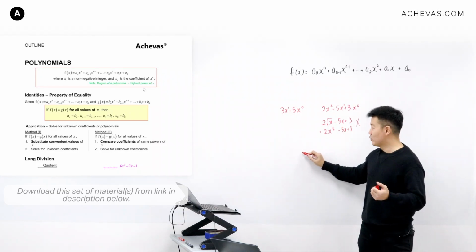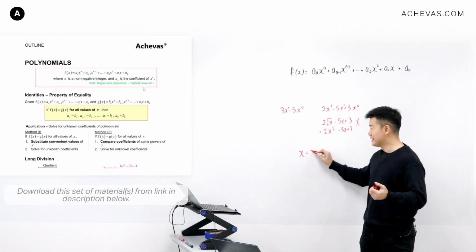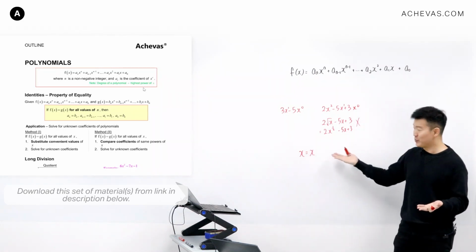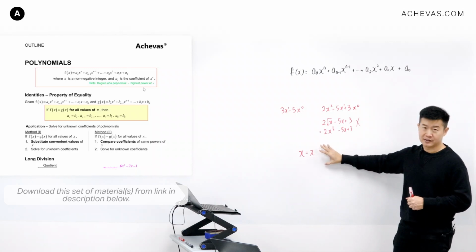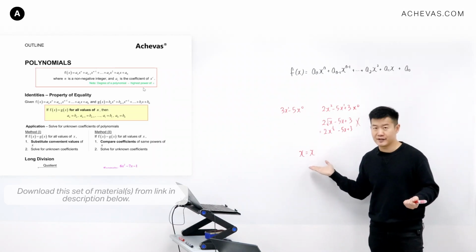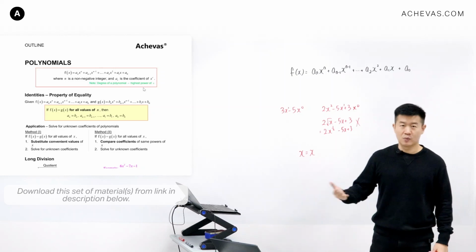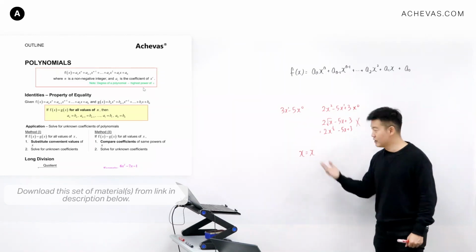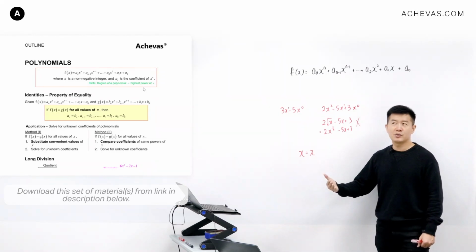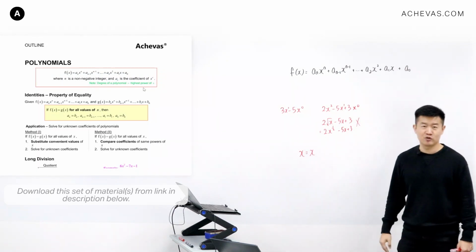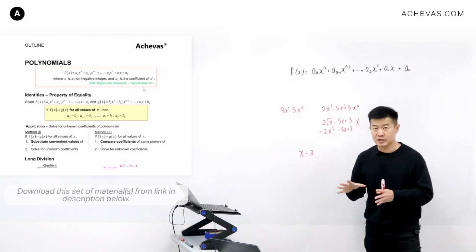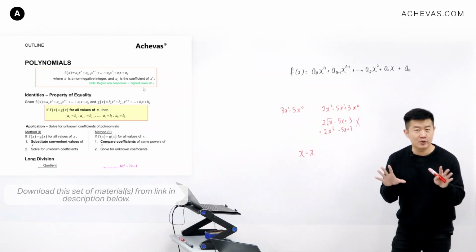Let's say we have this equation, x is equal to x. It is pretty lame, but if you think about it, x can be all real numbers, right? What can x be for this equation? x can be equal to 1, yes, because 1 is going to be equal to 1. x can be equal to minus 3.5, because minus 3.5 will be equal to minus 3.5. So this equation is true for all values of x.